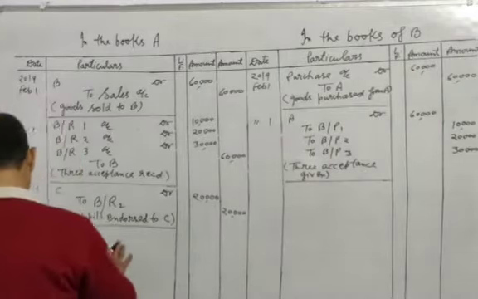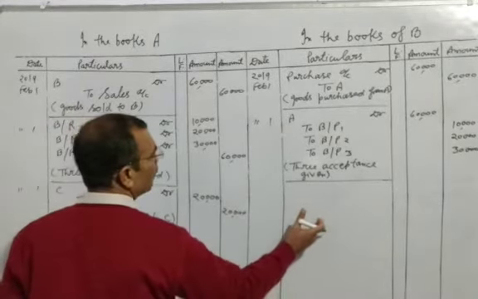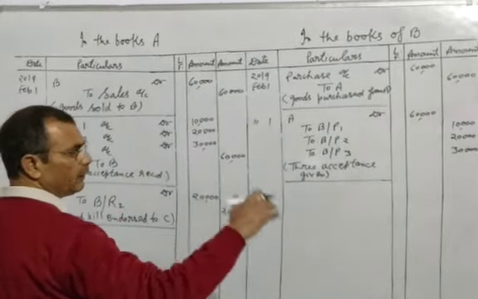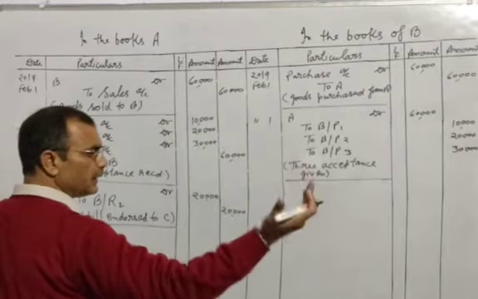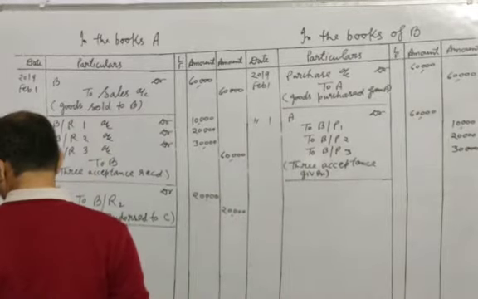So the opposite entry will not be entered in the books of B, because it will be written by the creditor C. Okay. Now we will read the question again.